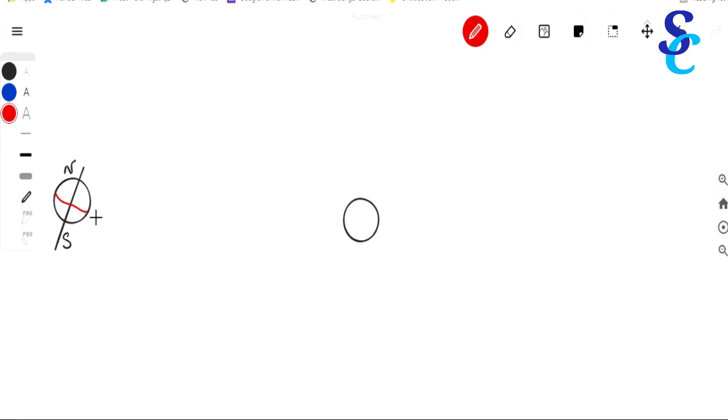Let me draw the equator for you, and we have the Tropic of Cancer and the Tropic of Capricorn. Now, when the earth is in this position, you can see that the Tropic of Cancer directly faces the sun, and in this position it is summer.